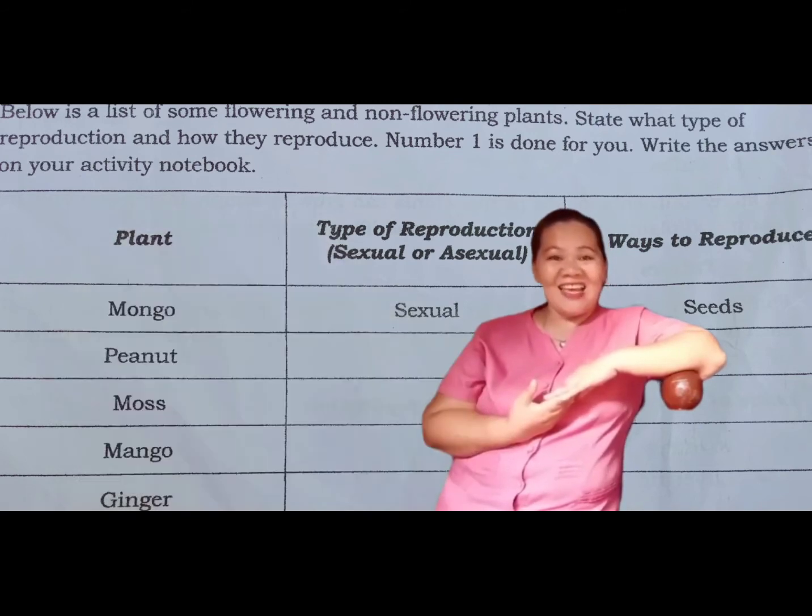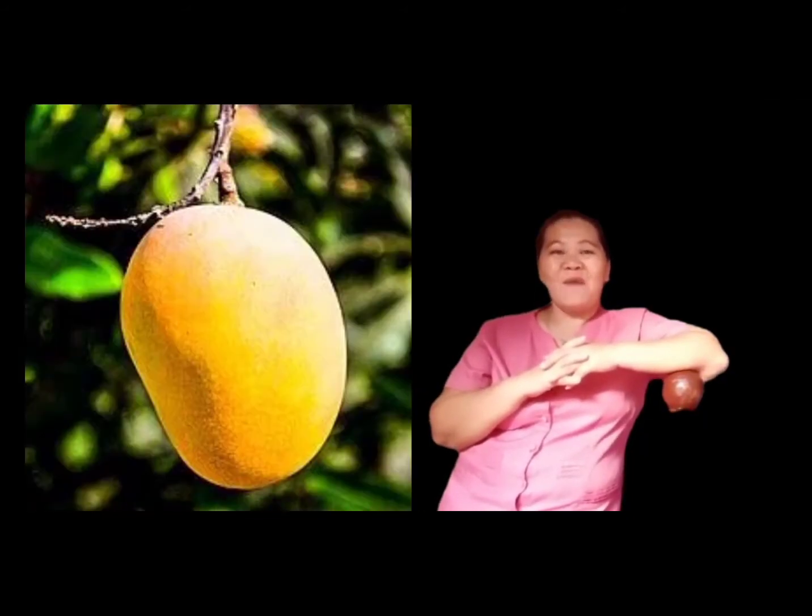Check. Okay, number 3 is moss. The answer is asexual reproduction. Very good. Under ways to reproduce, natural vegetative reproduction, it is spores. Check. We have number 4, mango. Okay, mango is what? Very good.